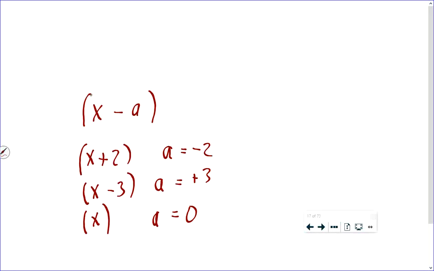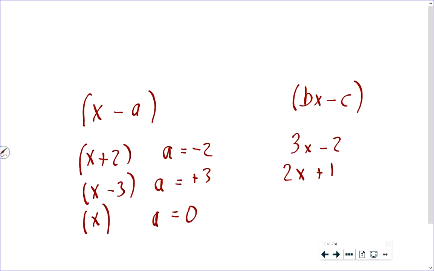But you do not have a rule for factors like this, and you're not going to get one. You're not going to get a rule for factors like that. It turns out there is a rule, but we don't deal with it. Here's the problem.